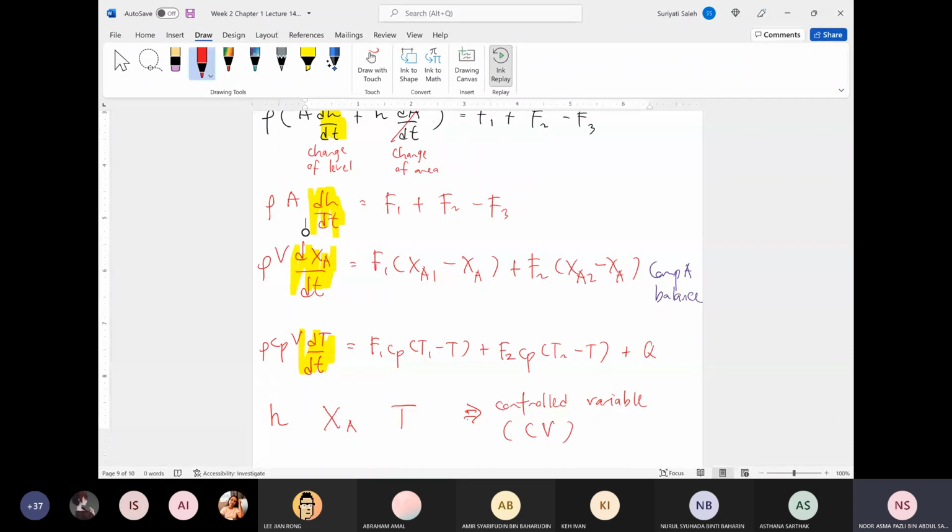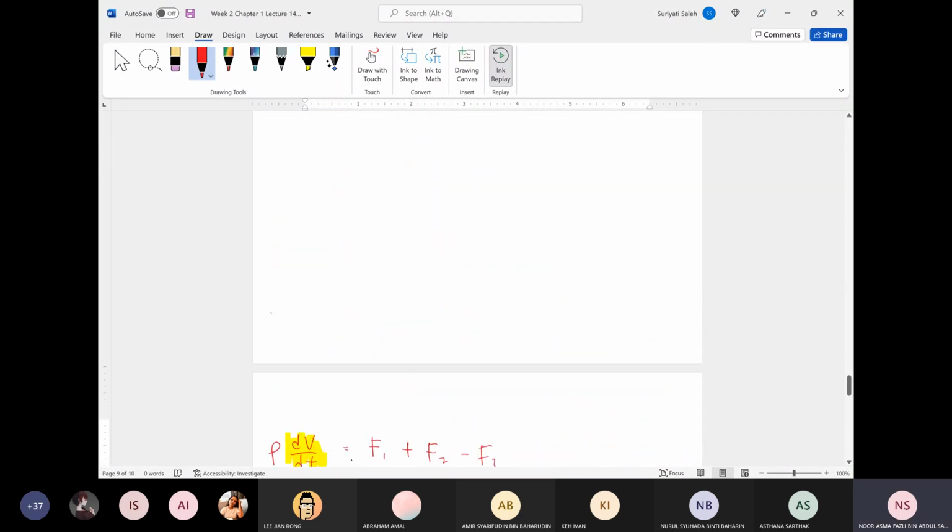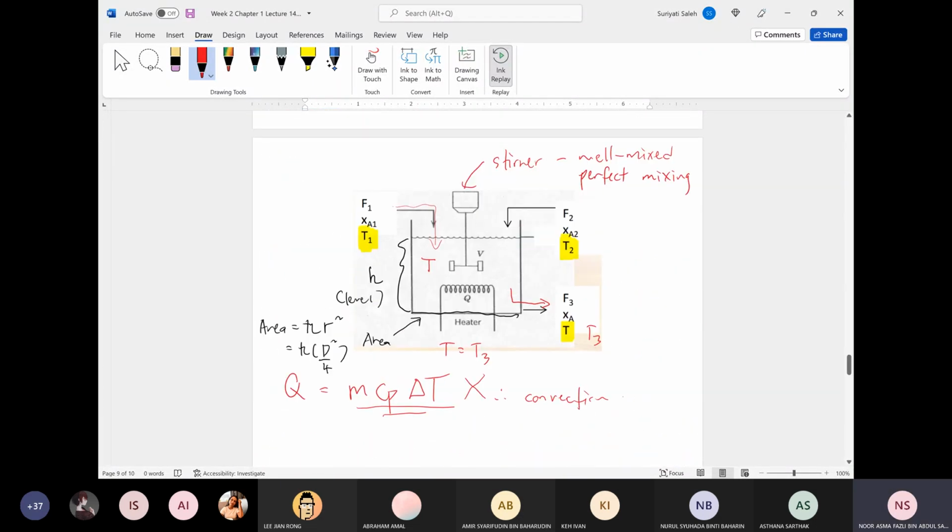Why do we need to control the level, the composition and the temperature? If we take a look at the diagram, normally the tank has its minimum and maximum capacity. So what happens if we put in too much liquid? The inlet flow rate is too high and the exit flow rate is too low.